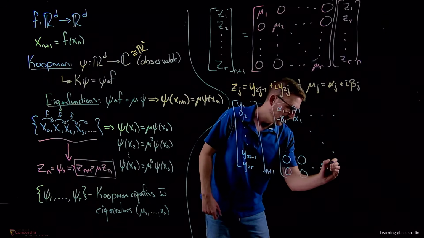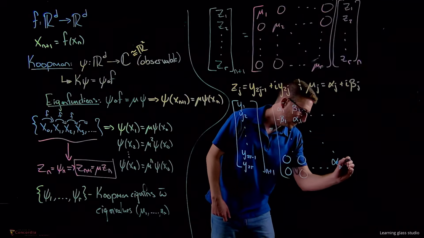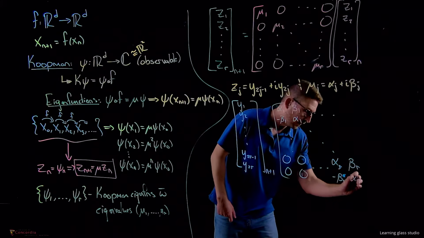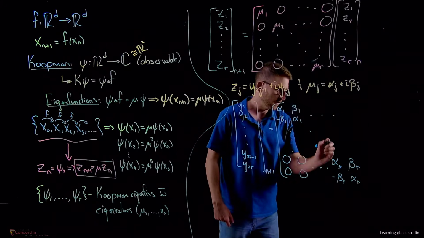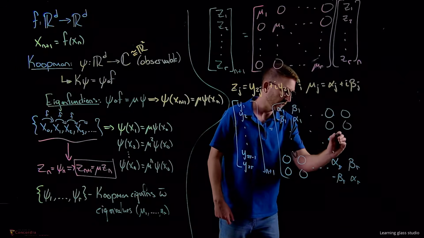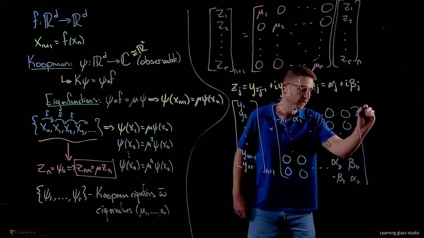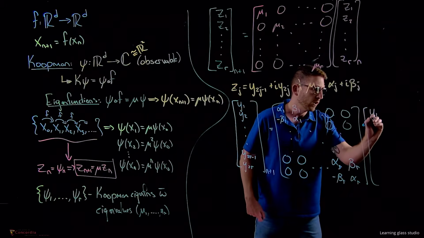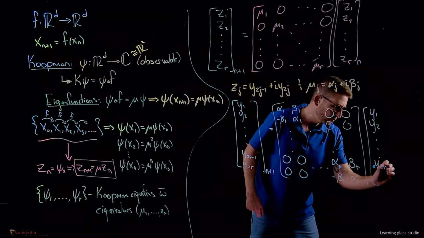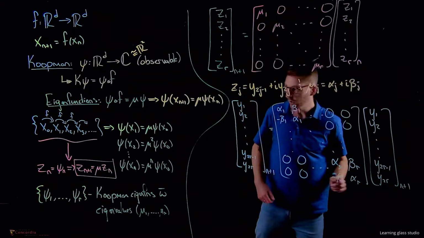And then here I have alpha r, beta r, minus beta r, alpha r, and then zeros. So this is just a Jordan form for this thing written in real coordinates, y1, y2, up to y 2r minus 1, y 2r, at time n plus 1.